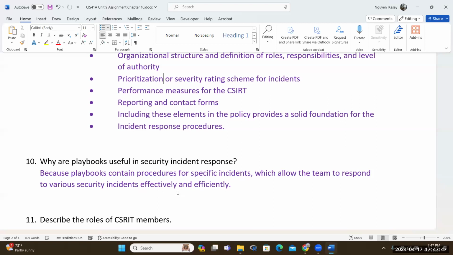So you would see the same thing in security. We would handle an incident a certain way. And that is going to allow us to be more effective and more efficient in responding to incidents. So having that documentation is really important.